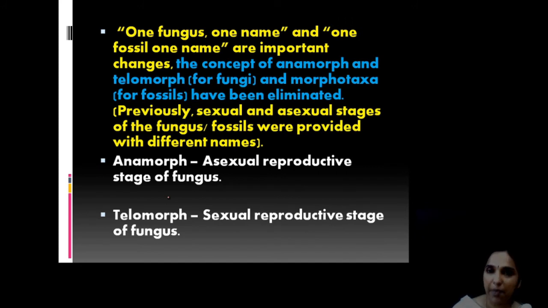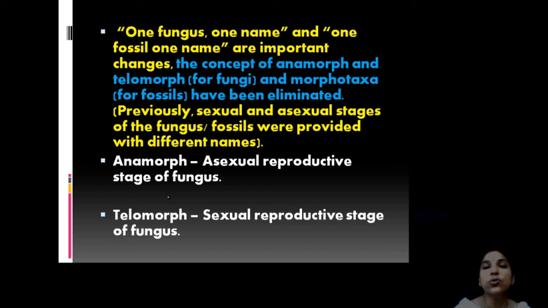The important amendments are one fungus, one name, and one fossil, one name. Fossils are taken from different times, and if the same fossil has different names, that may create confusion. So a fossil should have only one name. And the concept of anamorph and teleomorph: anamorph is the name for the asexual reproductive stage, and teleomorph is the sexual reproductive stage. Fungi were also named using these reproductive parts.